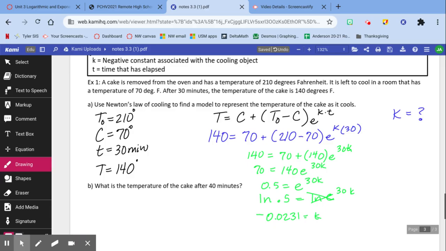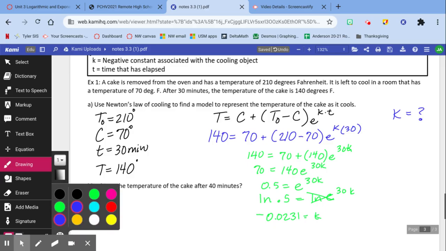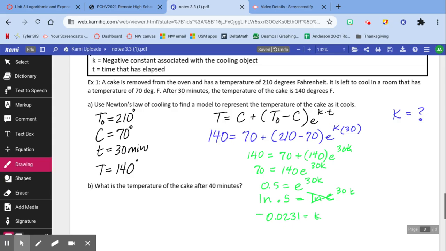All right, so what we know now is that we can have this equation of the temperature: 70 plus 140 e to the negative 0.0231 T.